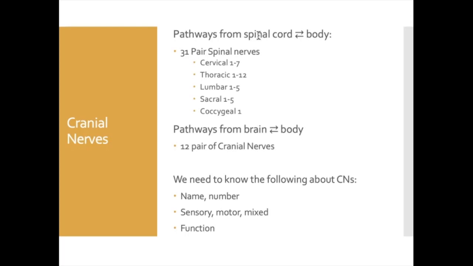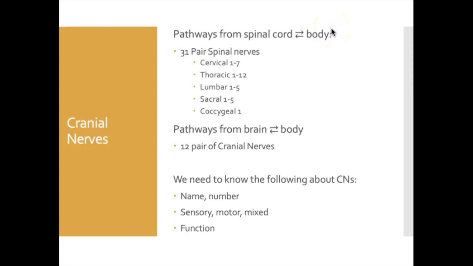When efferent information comes back out of the central nervous system, back to the body, that's going to travel out a motor pathway. And it's going to leave the spinal cord through a spinal nerve to get to the body. This time it's going to travel through the ventral root of a spinal nerve.